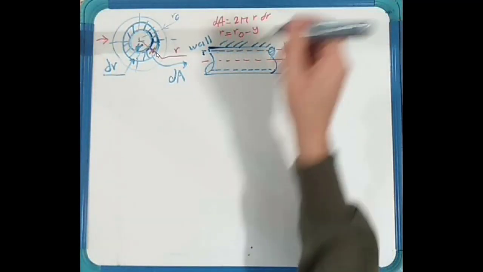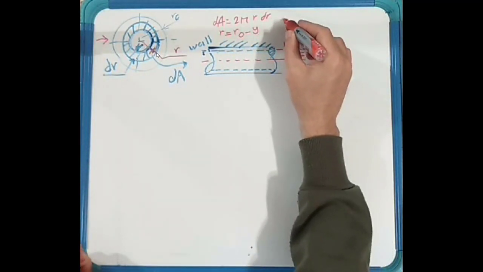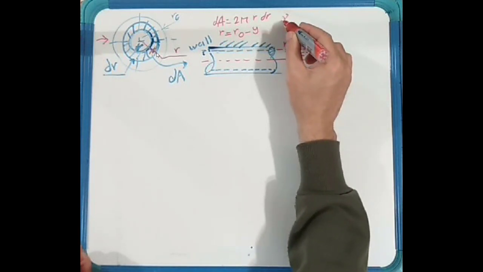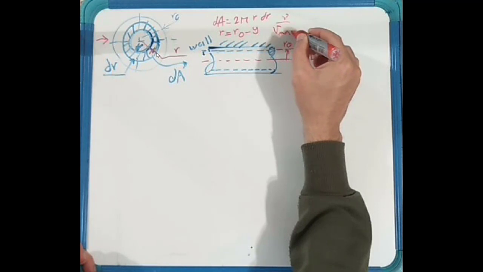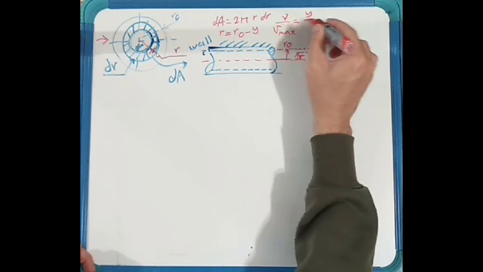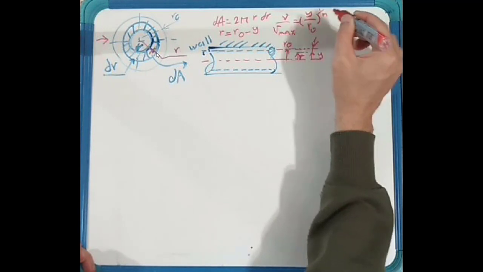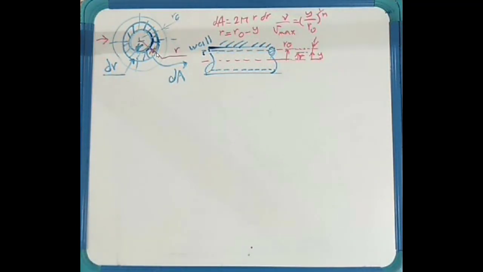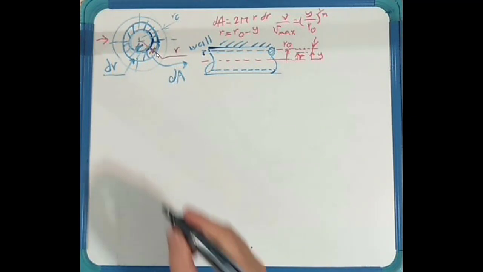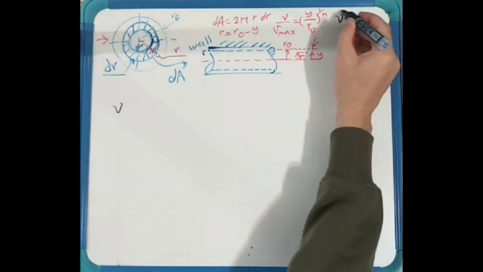So, with the color red, let me write the formula that the problem said: v over v max, this is the velocity, this is the maximum velocity, equals y over R0 with power of 1 over n, and n is a constant. We don't know what it is, but we know this is constant.